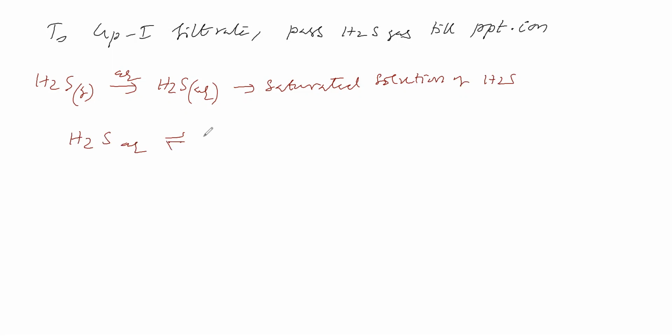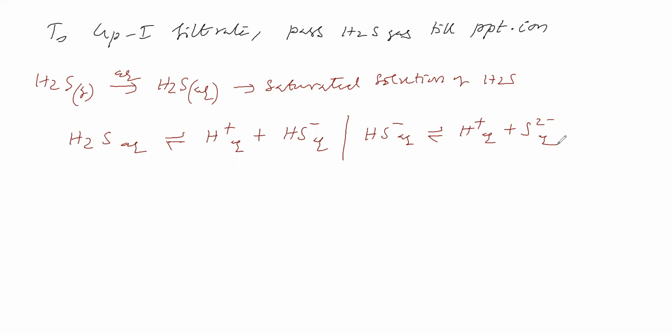In one equilibrium, H2S gives H plus ions and becomes HS minus ions. Another equilibrium is possible, that is HS minus giving H plus ions and sulfide ions. These two equilibria are possible.